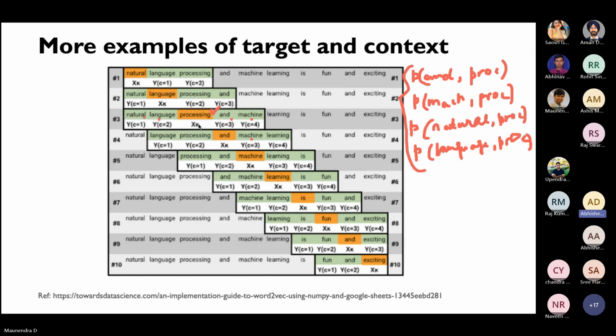Okay, sir, if we create a mini batch, we had this input and output set, right? So in this case, in the output set, we'll have these three words, like natural, language and processing. And in the input set, all other words will go. Is it like that, so that we create the distance, the dot product and all?